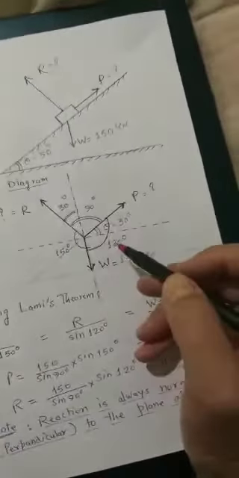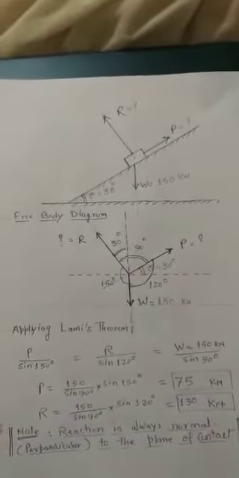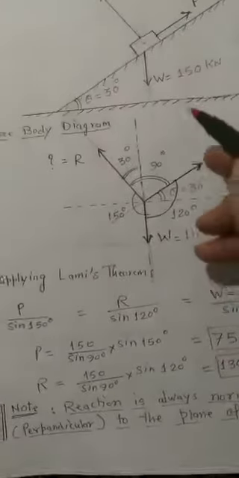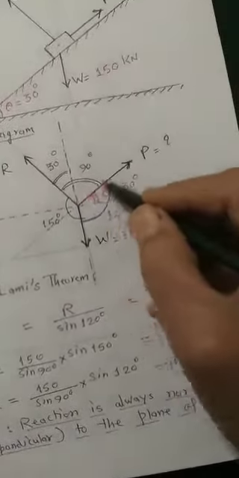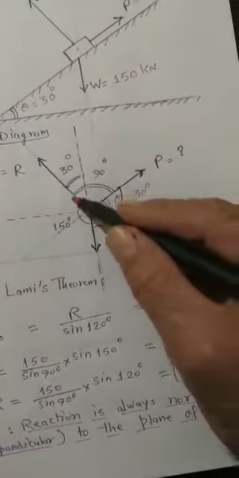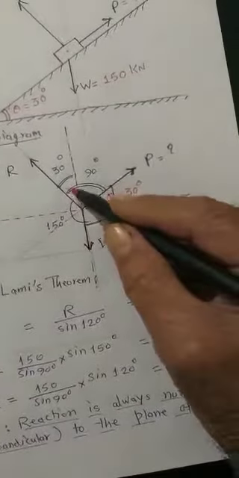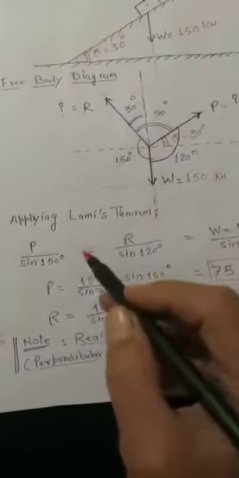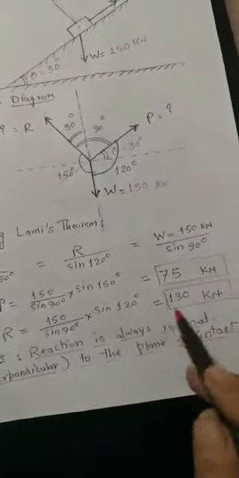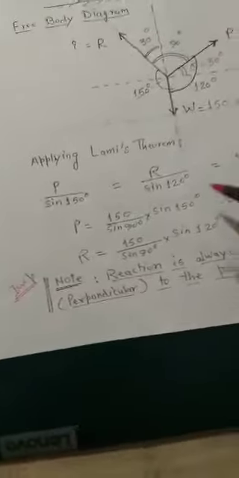Now when three forces are simultaneously meeting at a point and the body is in equilibrium, then according to Lami's theorem, each force is proportional to the sine of the angle between the other two. Using Lami's theorem, we can find out the value of R as well as P. I have already given it, but I don't want to give that value so far. You are supposed to calculate.